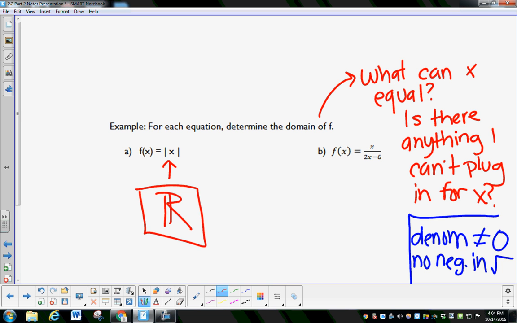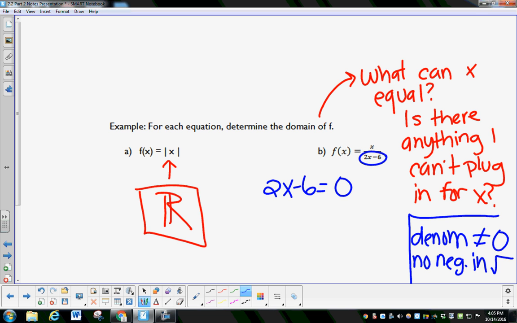Now the second one, notice that we have an x in the denominator. So there's going to be some restrictions on x. It's not that x can't be 0, because we would do 2 times 0, that's 0, minus 6 is negative 6. If x is 0, the denominator is negative 6. That's totally fine. But we can't have that entire quantity in the denominator equaling 0. So let's see what would make that equal 0.